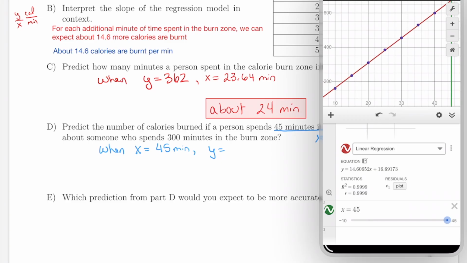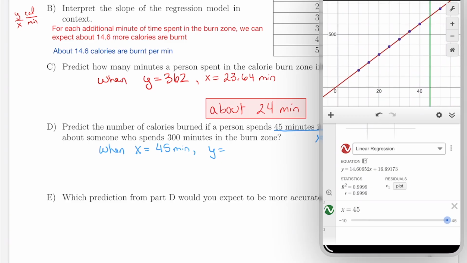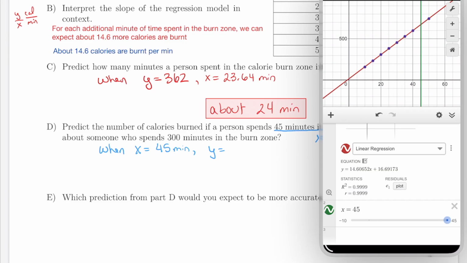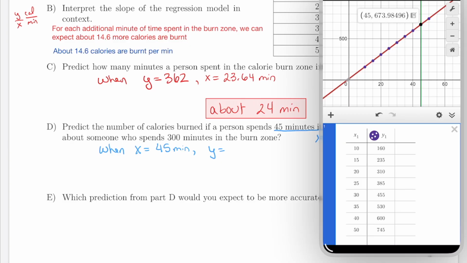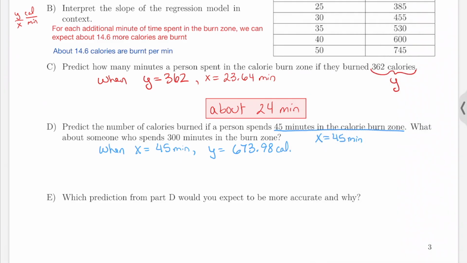Now I've got to move this around a little bit, and there it is. There I can see x equals 45. My green line is 45 minutes, and if I just tap right where those two intersect, I get that ordered pair. Y equals 673.98 calories. Okay, so when x equals 45 minutes, y equals 673.98 calories.